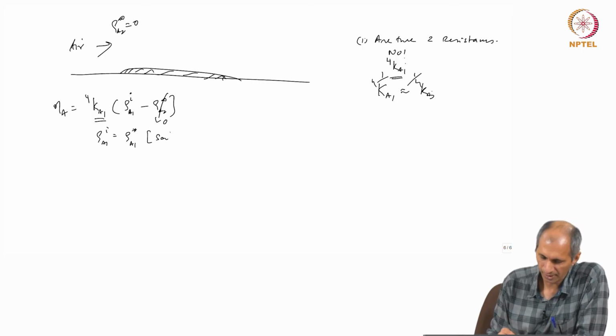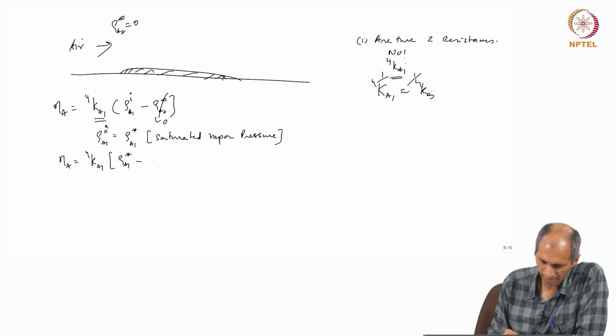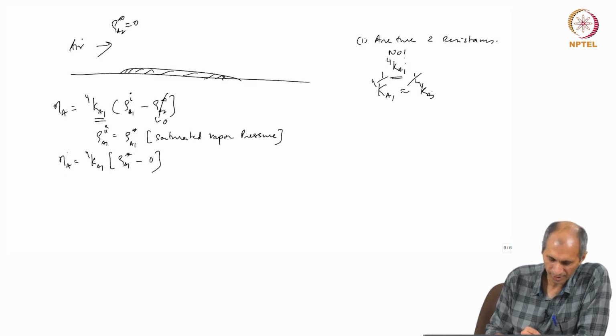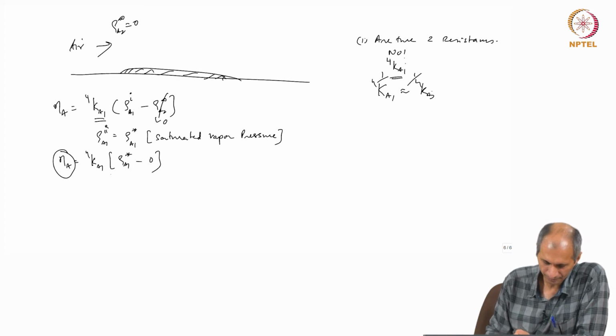It is the saturated vapor pressure. So, the Na becomes Ka14 rho A1 star minus 0. So, this term that you get Na, so Ka14, the Q will become Ka14 rho A1 star into the area.